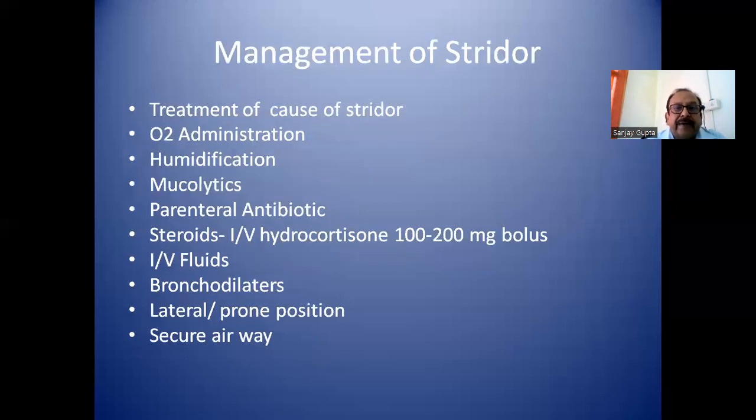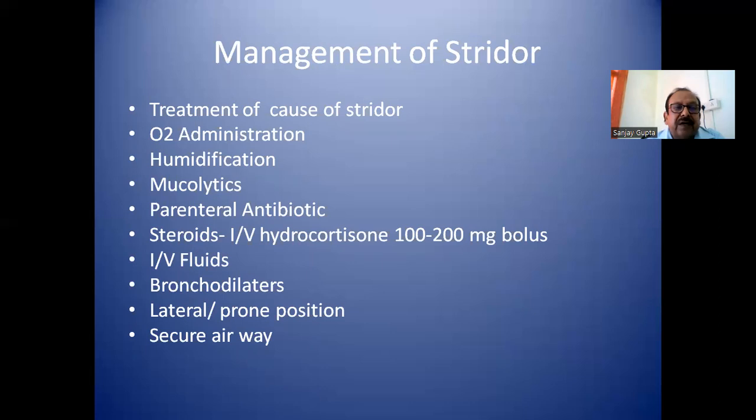Now, how do you manage this case of stridor? Initially you have to identify the cause of the stridor in adults and infants, whether it is acquired or congenital or inflammatory or neoplastic or traumatic or drug induced. Whatever the cause is identified, you have to treat the cause of stridor.